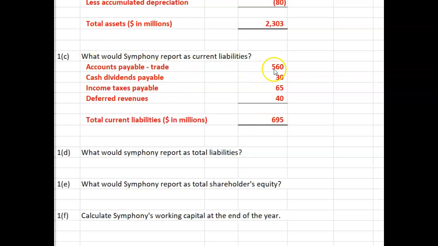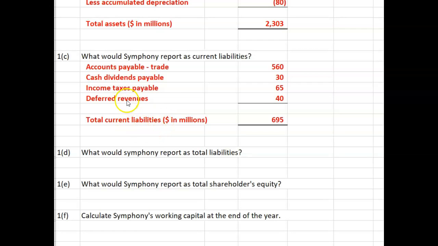Accounts payable trade, $560 million. Cash dividends payable, $30. Income taxes payable, $65. Deferred revenues, $40, for a total of $695 million in current liabilities.